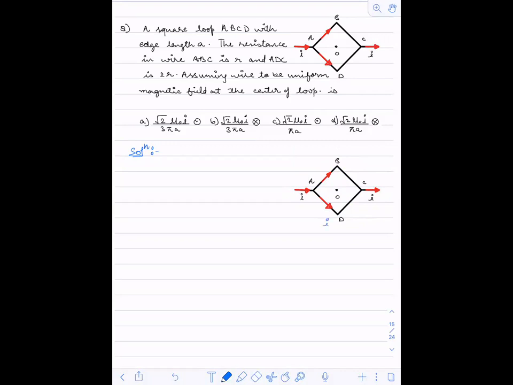The current in this part will be I by 3, and the current in this part will be 2I by 3.